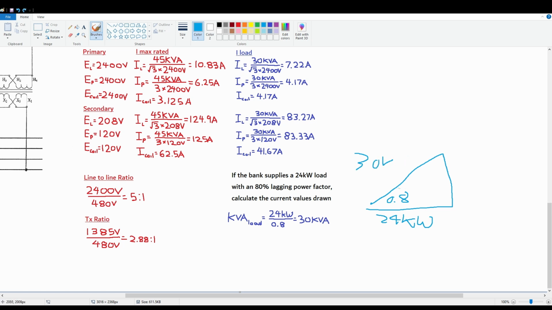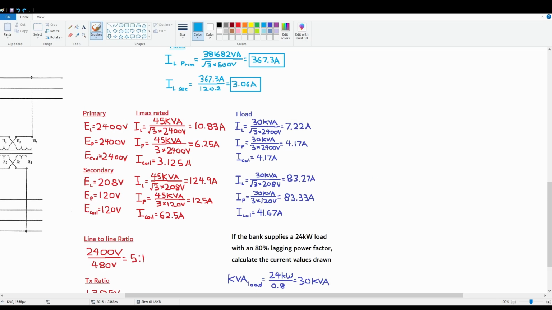So now we found our total kVA of the load, and it'll be pretty much the same thing as we did here, except the max kVA is 30 kVA because that's the kVA of the load we're supplying. So it's the same thing, except we just replace this with 30 kVA. And same thing, here are our current values. So this is what the transformer draws when it supplies a 24 kilowatt load with 80% lagging power factor.